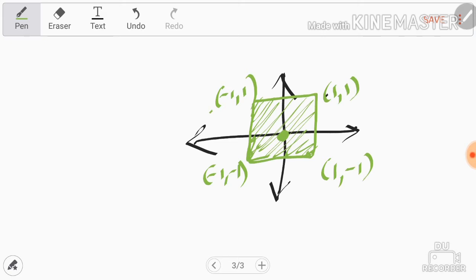Recall, the first property was that the set should be non-empty. Of course, this is non-empty. It has infinitely many elements.